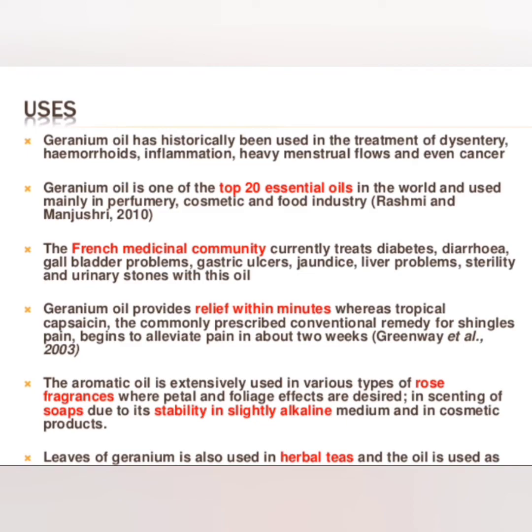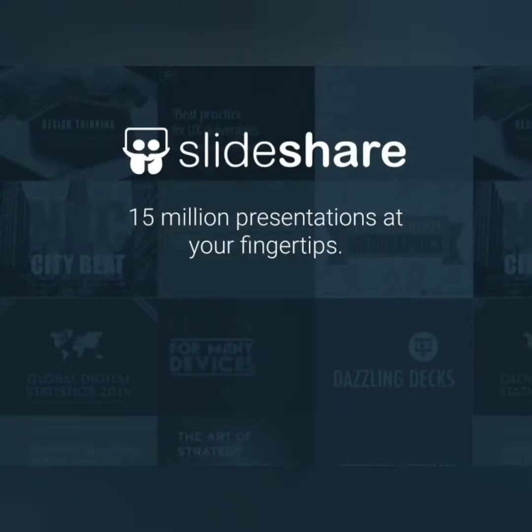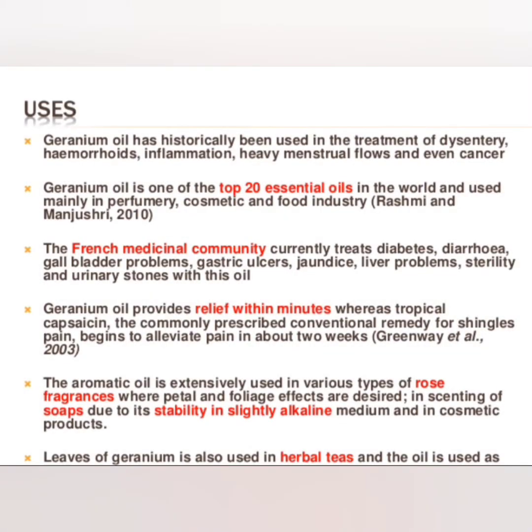It has many medicinal uses such as dysentery, then hemorrhoids, then inflammation, heavy menstrual flows, and even cancer.